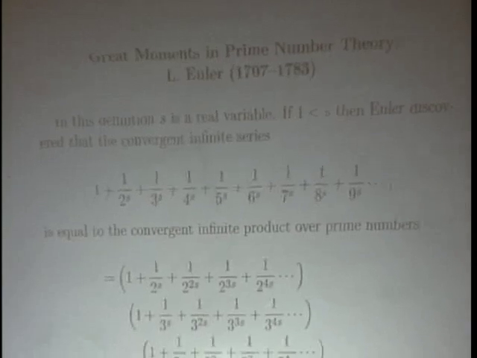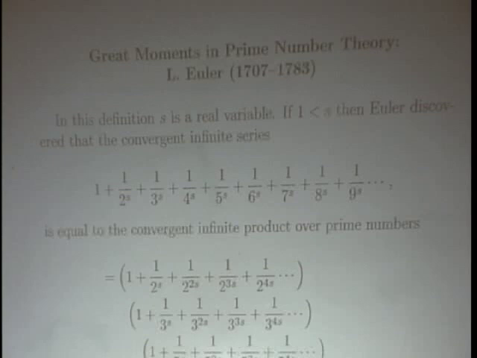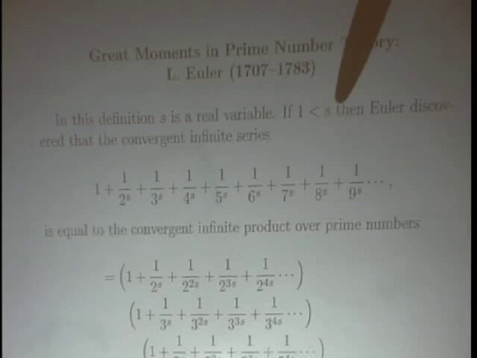This is a mechanism for encoding the fundamental theorem of arithmetic that I spoke about before as an identity between two functions. Now, when Euler did this, this function, which is defined by the infinite series up here, is a function of the real variable s.